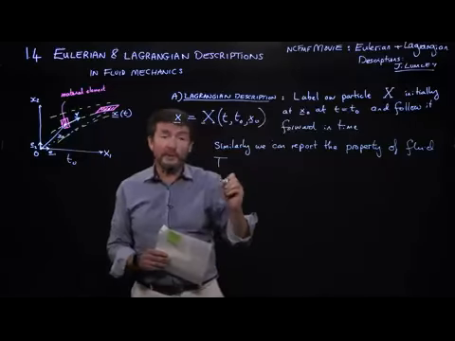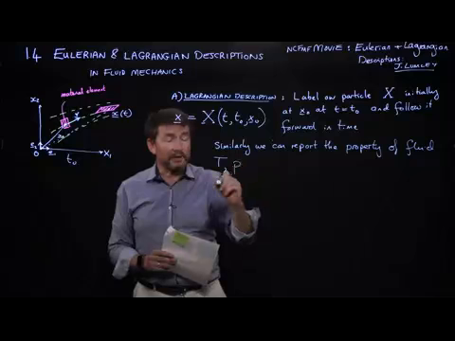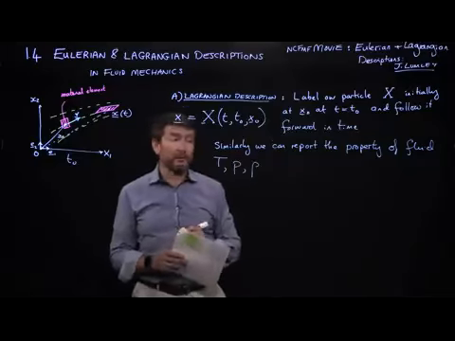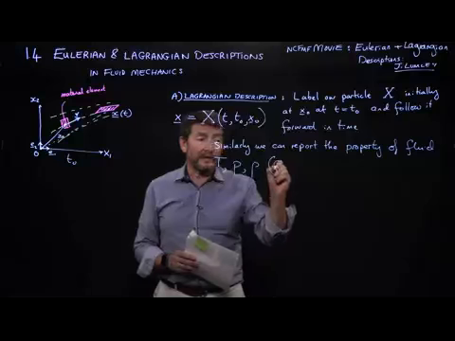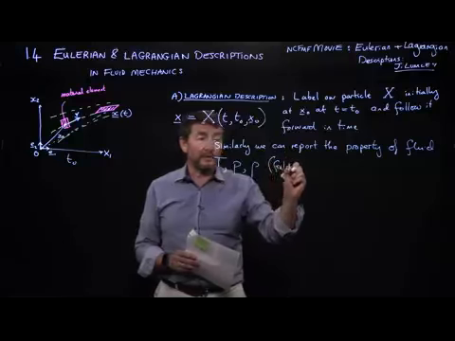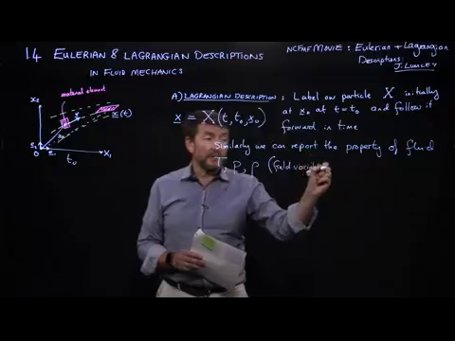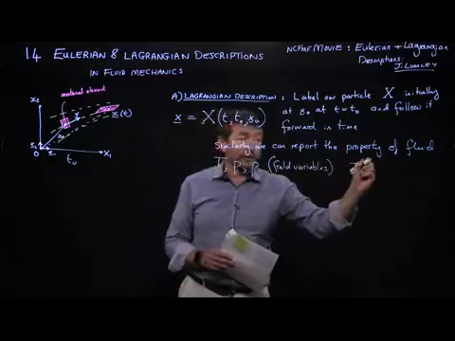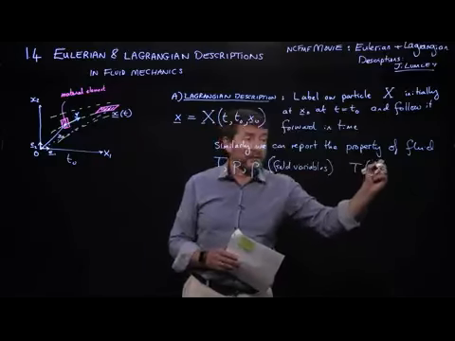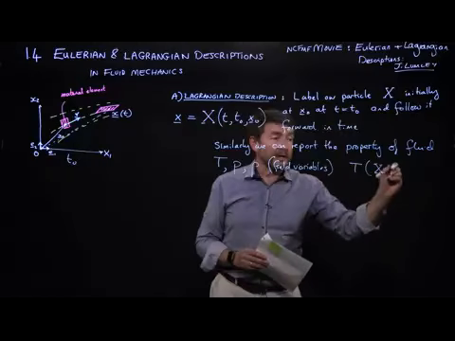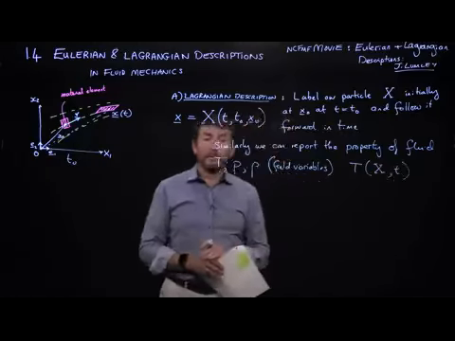So, for example, we might be interested in the pressure, the temperature, or the density, or any other field variables. So these are these ideas of continuous or continuously differentiable field variables, and we just have to think about them as being functions of this material point and where it is at any future point in time.